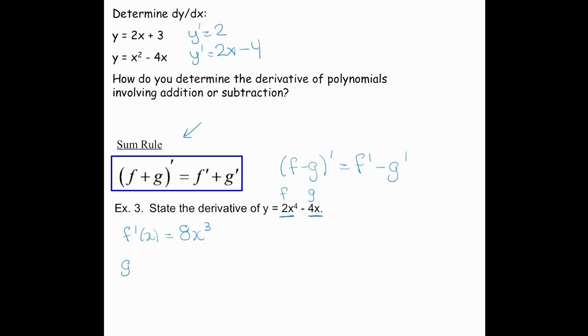My derivative of the second one, or g prime, if I have 4x, that's just going to be 4. So now I'm going to put it all back together. y prime is going to equal f prime minus g prime, so y prime is equal to 8x cubed minus 4.